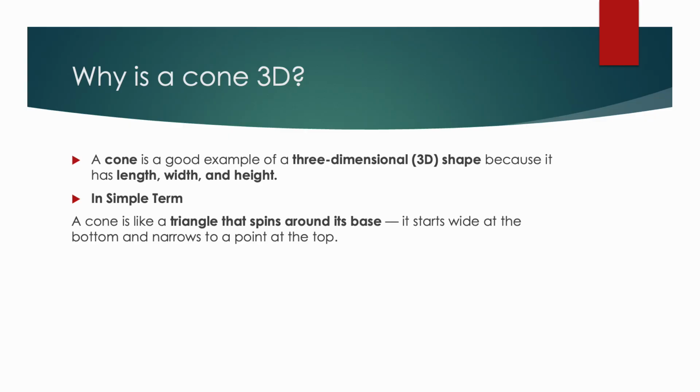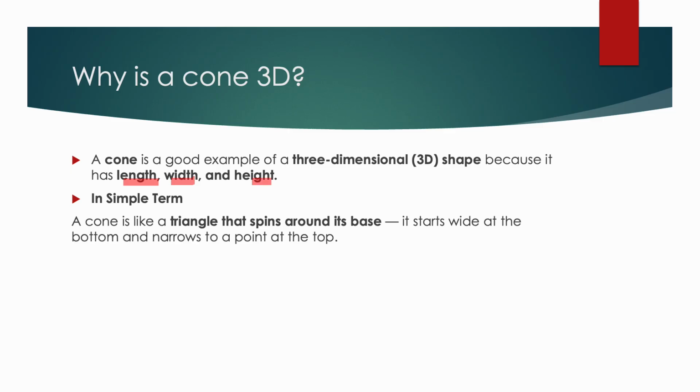Now a cone is one of my favorite examples of a three-dimensional shape for my students because they're young and they know that they have eaten an ice cream cone and have worn a cone on their head at a birthday party, so they really identify with this shape. And it's a good example of a three-dimensional shape because, of course, it has length, width, and height.